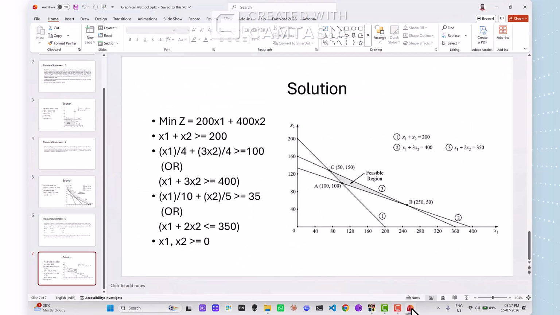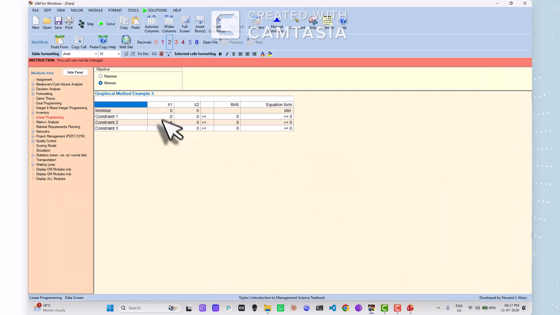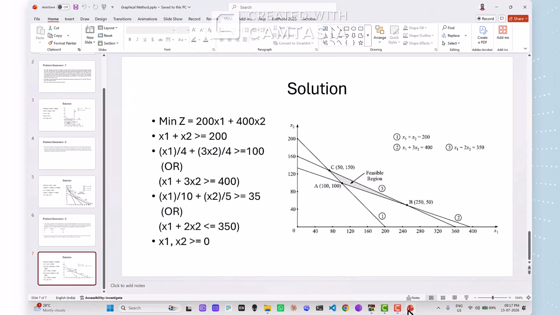So let us enter the values 200 x1 plus 400 x2. x1 plus x2 greater than or equal to 200.